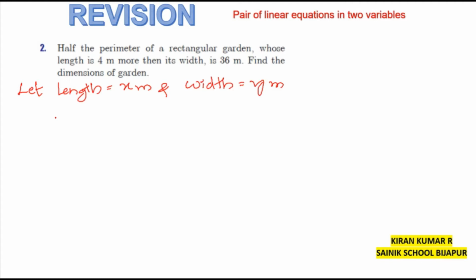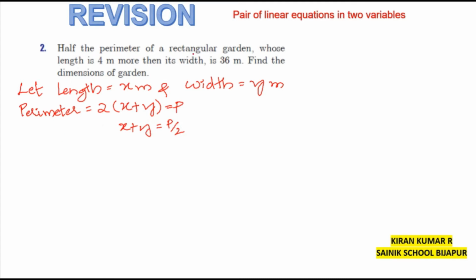Perimeter of a rectangular garden is given by 2 times length plus breadth. So perimeter will be 2 times length plus width, that is x plus y. Since they have given half perimeter is 36 meter, if you consider the perimeter to be p, x plus y will be p by 2.